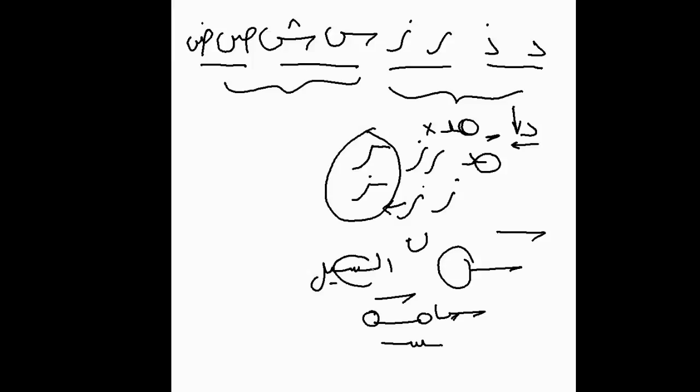So that's the Sin in the middle of the word. Sama, that's the Sin at the beginning of the word. Sheen is the same as Sin, the only difference is that it has three dots on top of it.